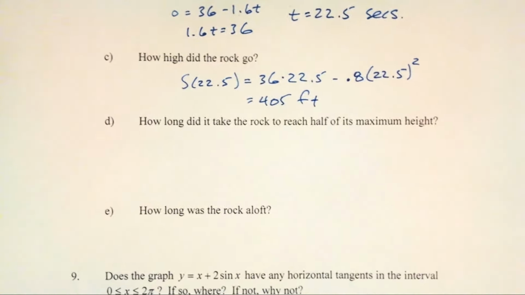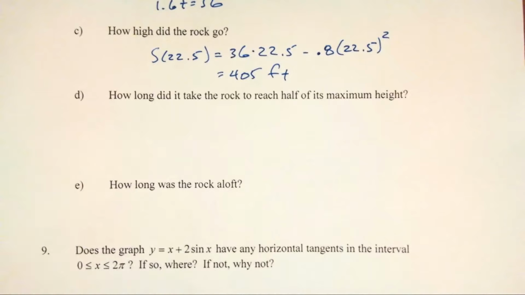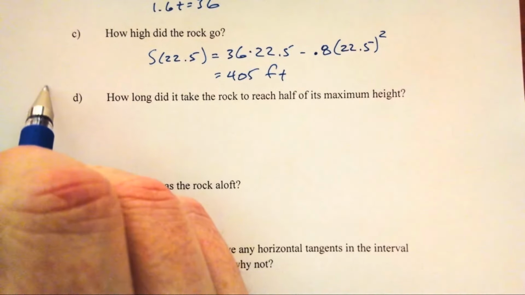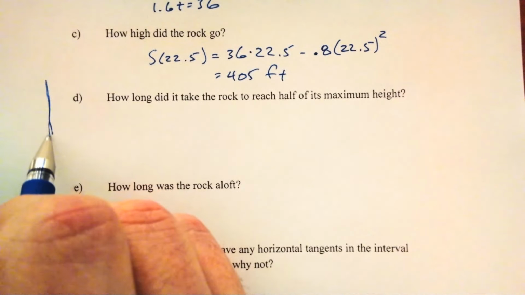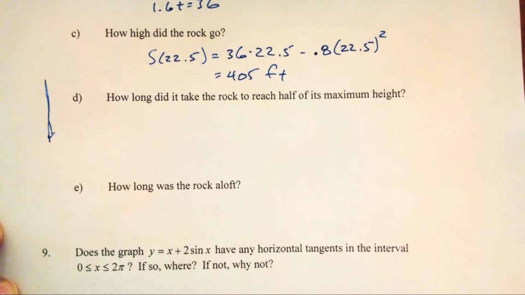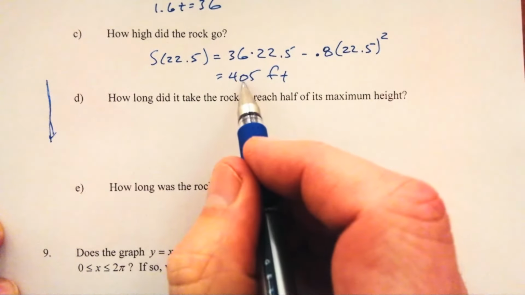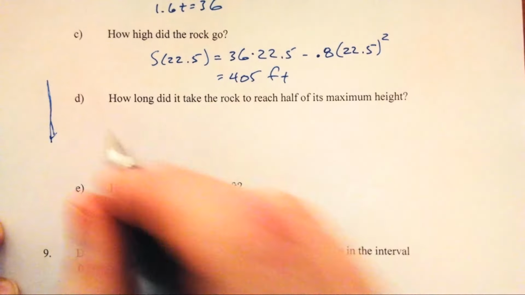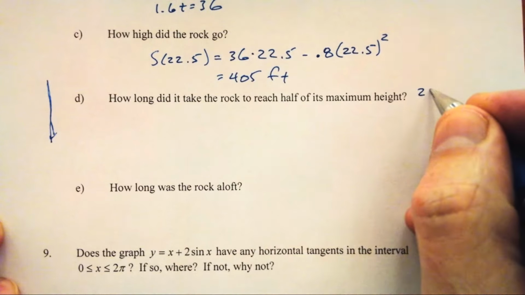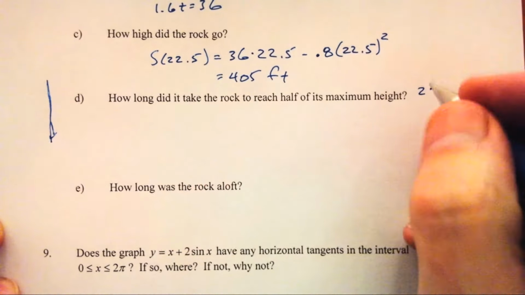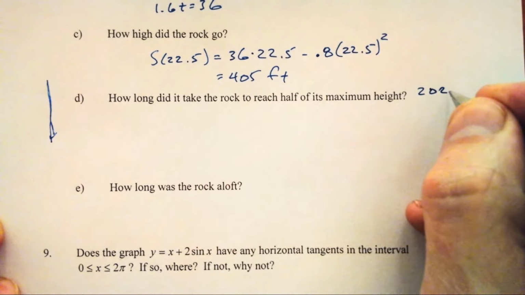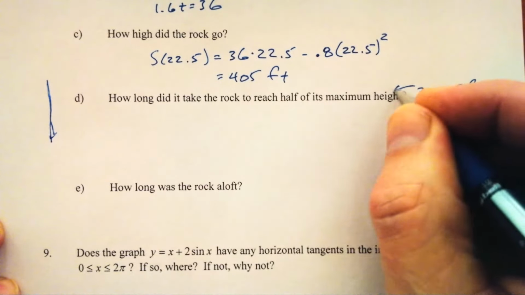Okay, now, I think the next question may be a little bit ambiguous. How long did it take the rock to reach half its maximum height? Well, the rock went up 405, came back down 405. Half of its maximum height, half of 405, would be 202.5 feet, is what it's asking.